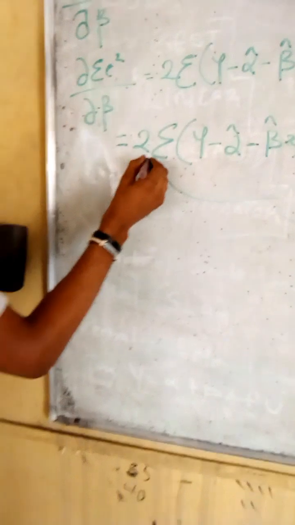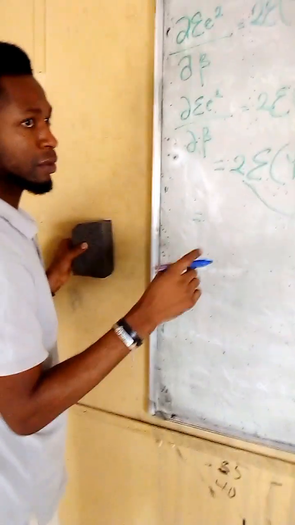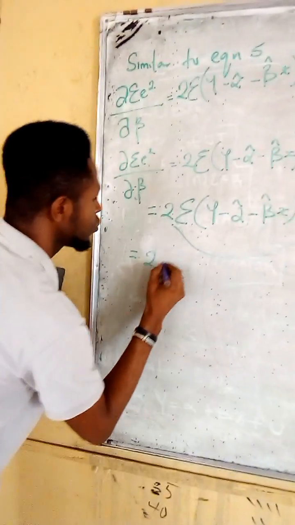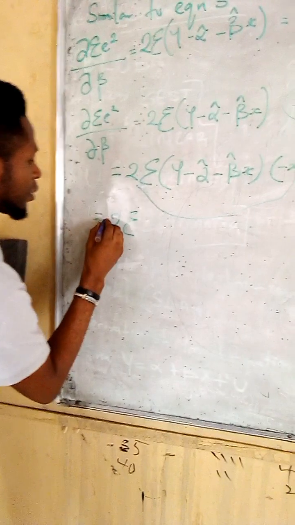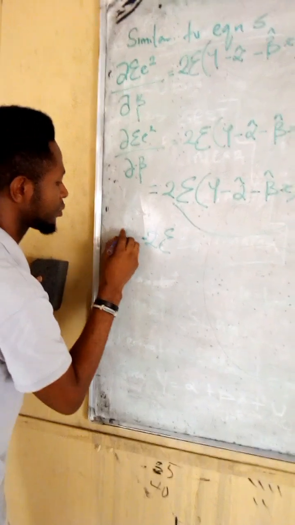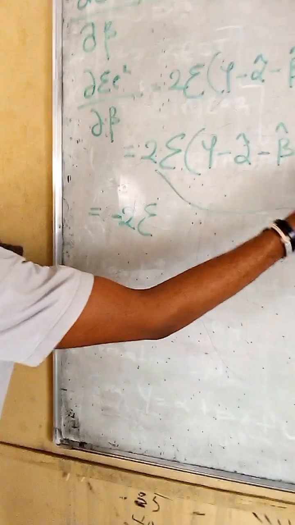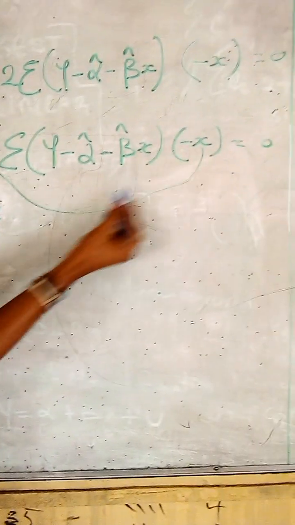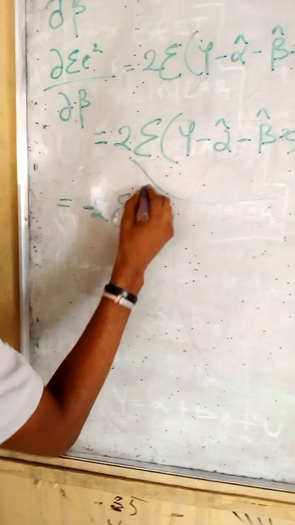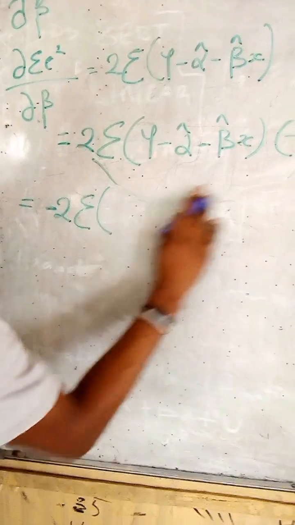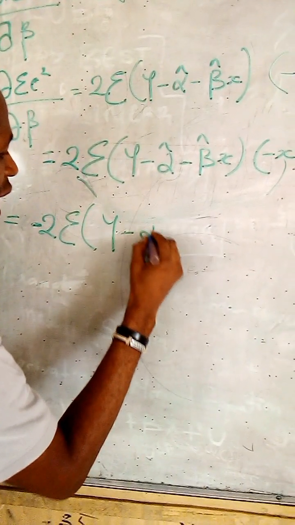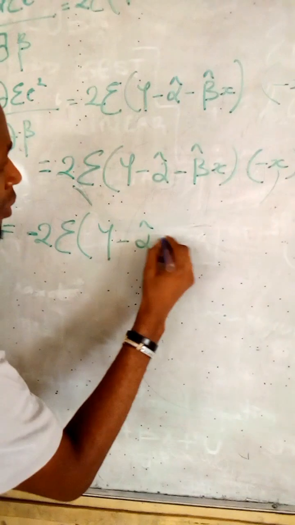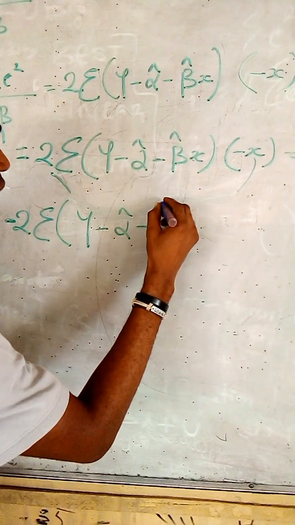The sign affects this, so remember it is now minus 2 summation bracket of y minus alpha cap minus beta cap x.